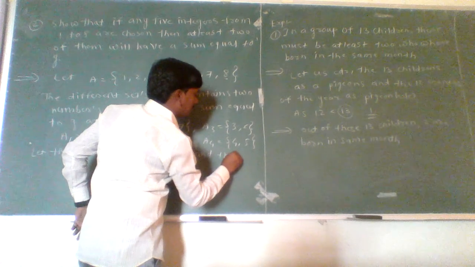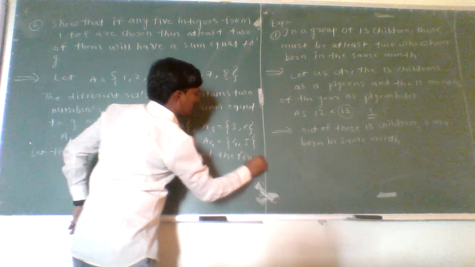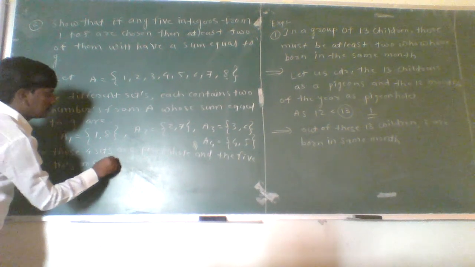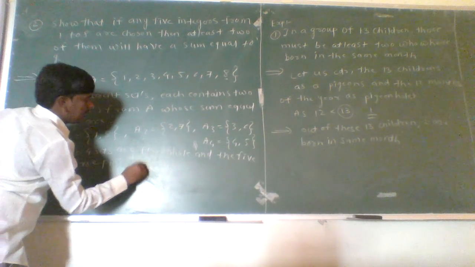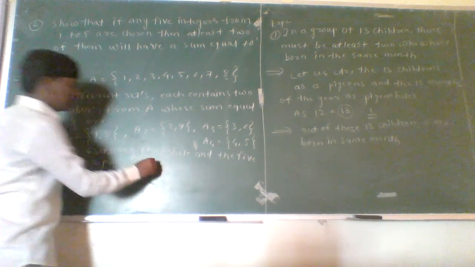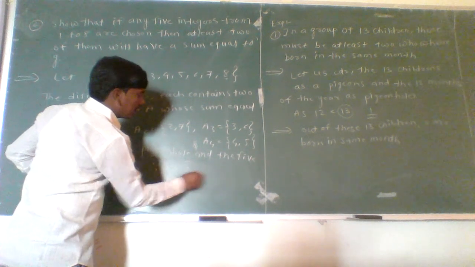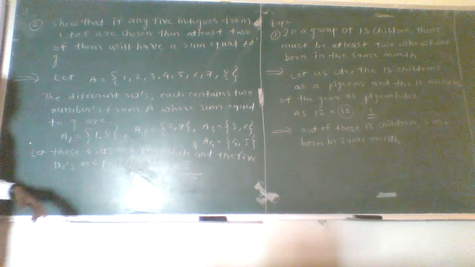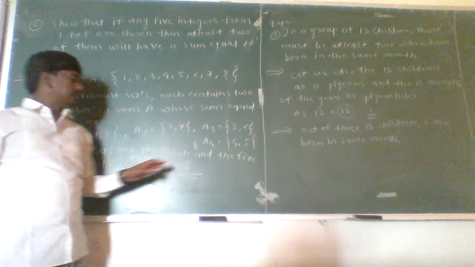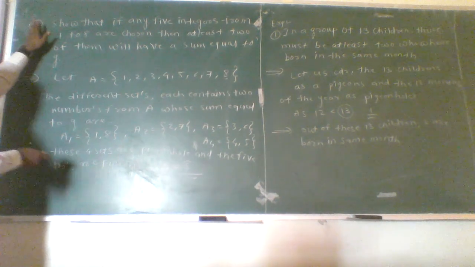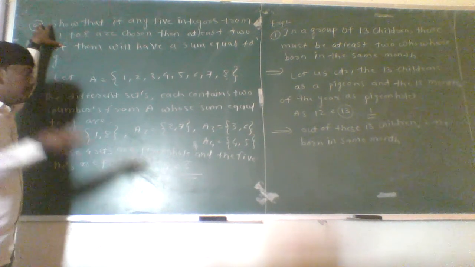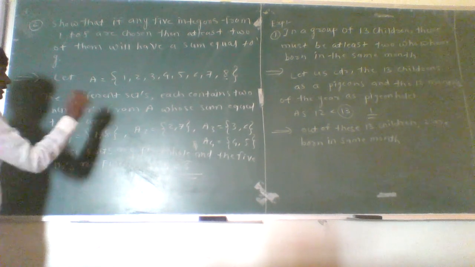By the pigeonhole principle, the number of pigeonholes is less than the number of pigeons, since 4 is less than 5. Therefore there must be at least one pigeonhole that contains 2 or more pigeons. So if we take any 5 integers from 1 to 8, then there must be at least 2 elements belonging to one of these sets.